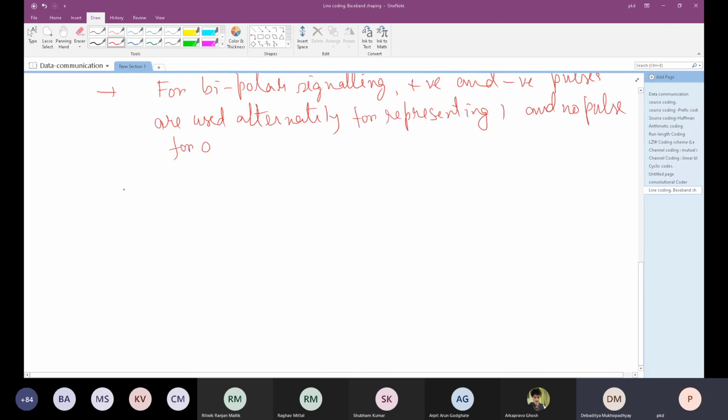Sir, for bipolar signaling, it might happen that we have a positive pulse for 1 second and then 3 or 4 seconds of zero pulse, and then again a negative pulse. How is that synchronized with the clock signal?